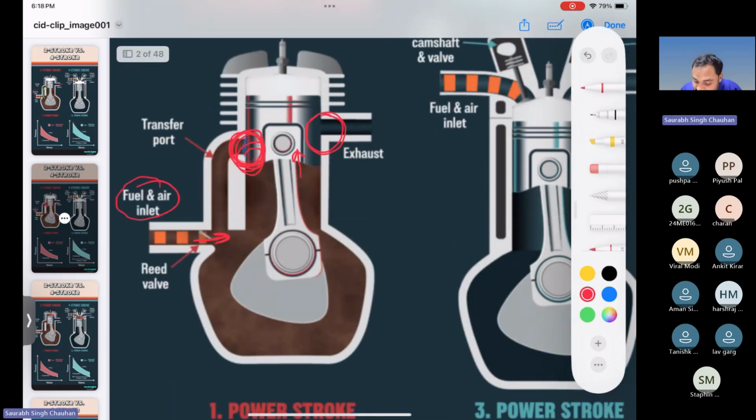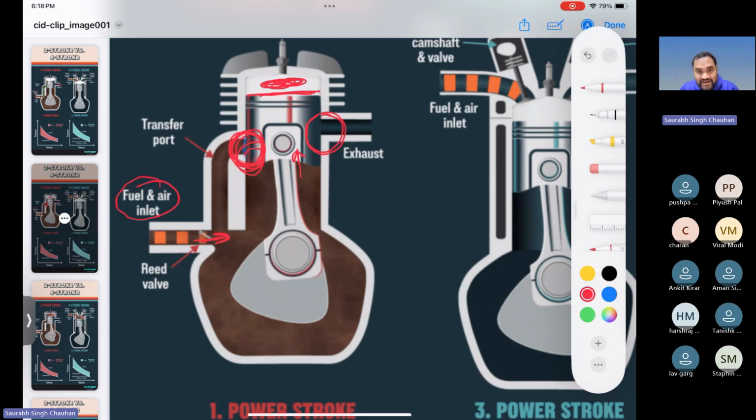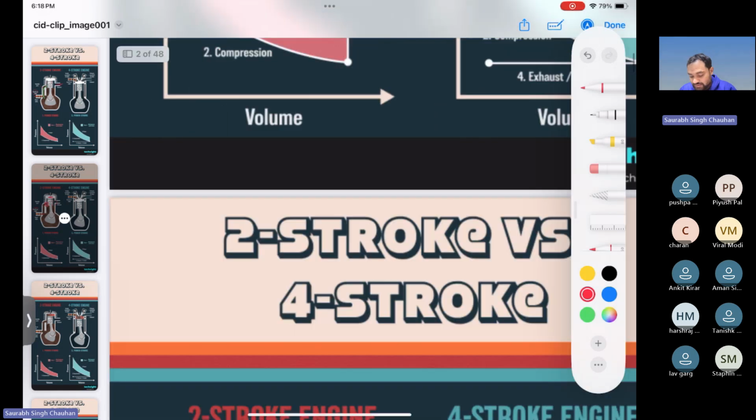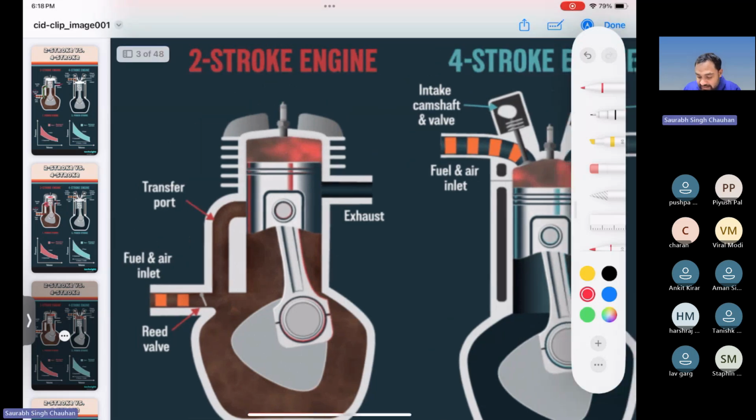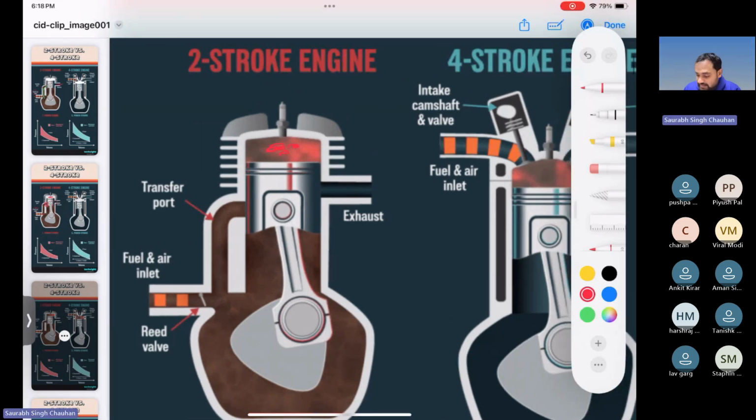Now since the piston has already moved up to TDC, whatever content was in this cylinder would have been compressed. The fuel air mixture would have been compressed, and spark plug action will take place. After the spark, there will be combustion, and because of combustion you will get high pressure, and this piston will be pushed down. Here you can see that combustion has taken place, and a lot of pressure has been generated in this chamber.